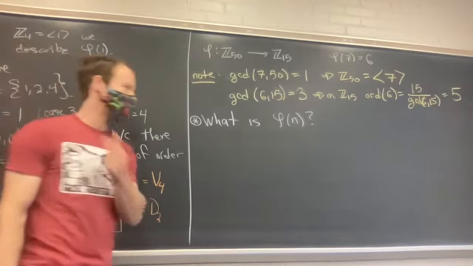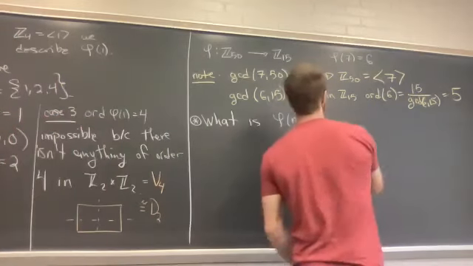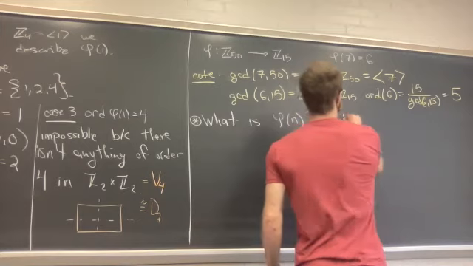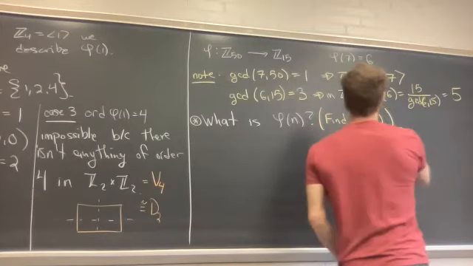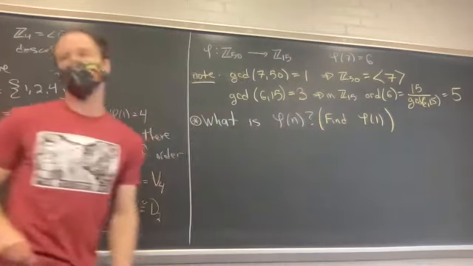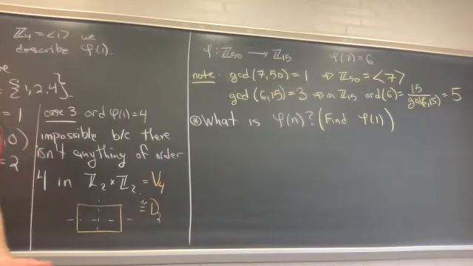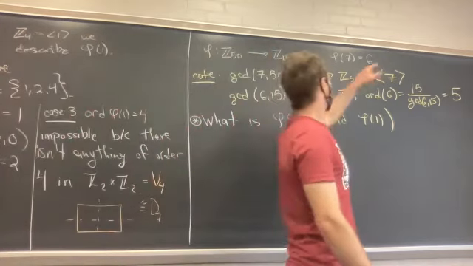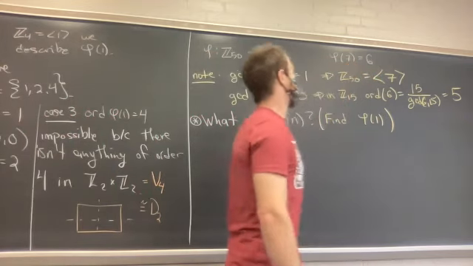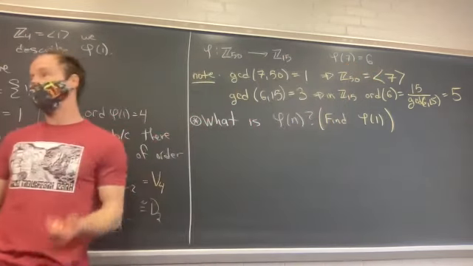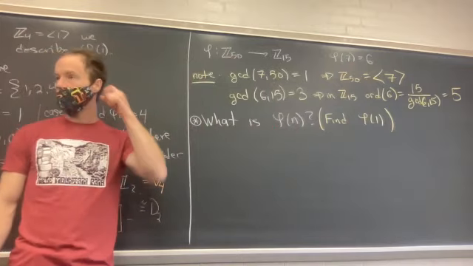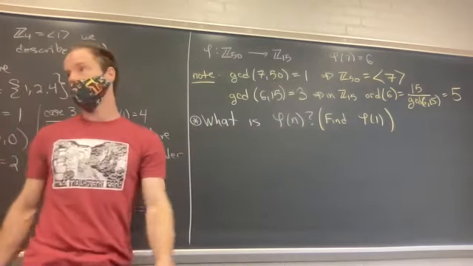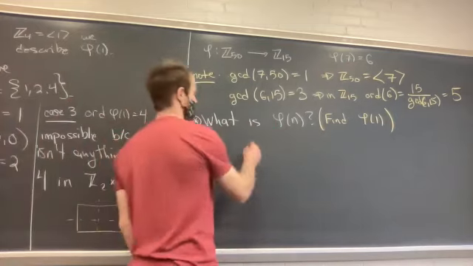I think the best way to do this is to find phi of 1 first, and then once we find phi of 1, we're okay. But how can we find phi of 1? Well, we need to find how many times we add 7 to itself to get 1 in Z50.